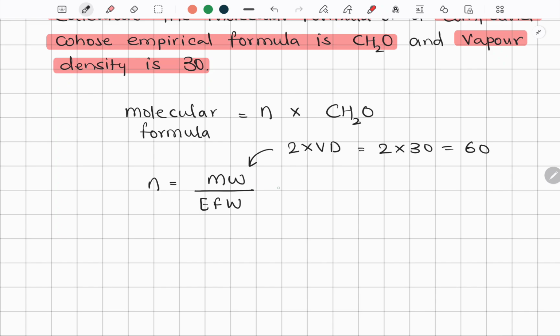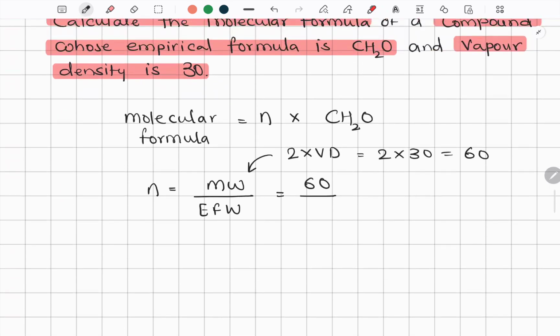So do we know now the molecular weight? Yes sir, it is 60, but we still don't know the empirical formula weight. So how can we calculate the empirical formula weight? We have to just add the atomic weights of the elements present in the empirical formula. What is the empirical formula? CH2O. So I will say empirical formula weight is equal to 1 carbon plus 2 hydrogen plus 1 oxygen.